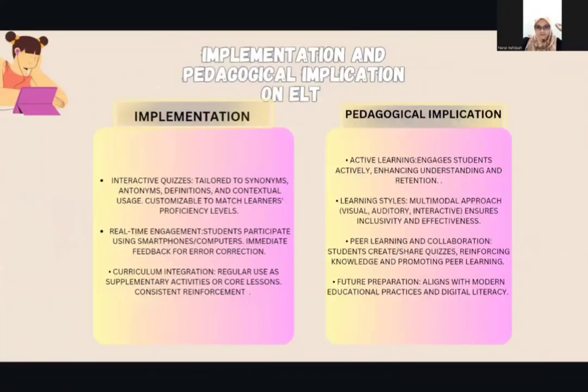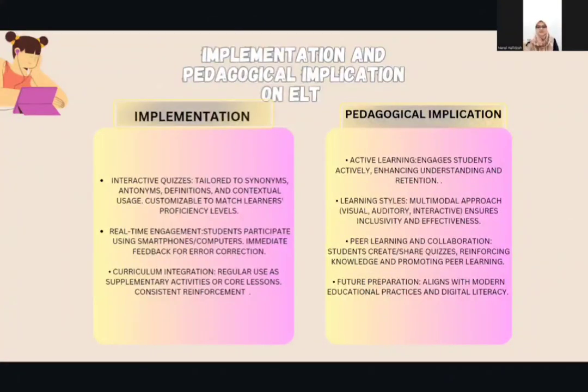For implementation and pedagogical implication, I would like to divide it into four core aspects. The first is enhancing ESL vocabulary, whereby customized games help cater to different learning preferences. The second is promoting interactive learning and immediate response, where Kahoot quizzes transform vocabulary lessons into engaging experiences, and teachers can provide immediate feedback, which helps reinforce correct understanding and promptly address misconceptions among students.